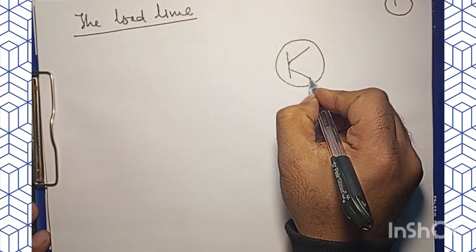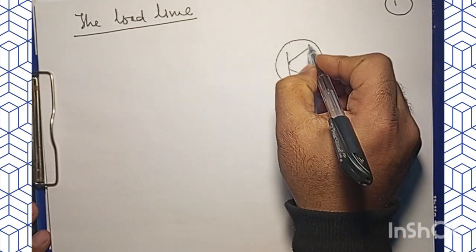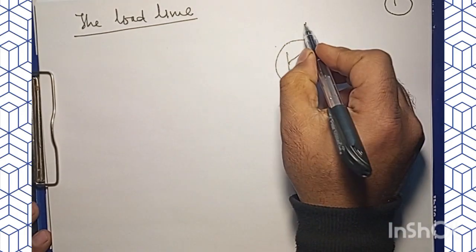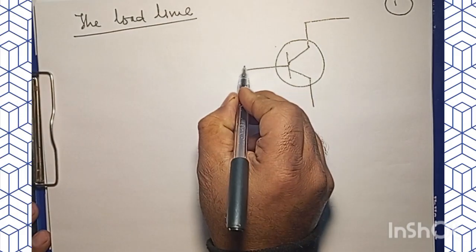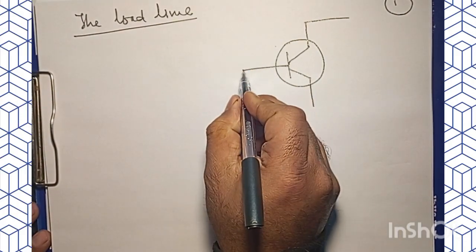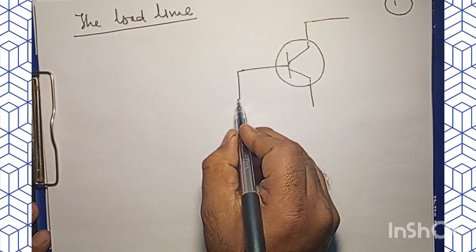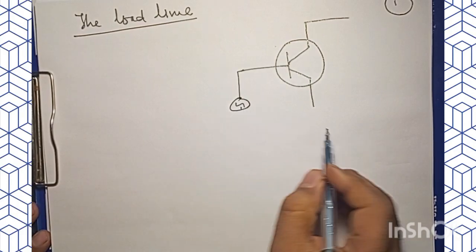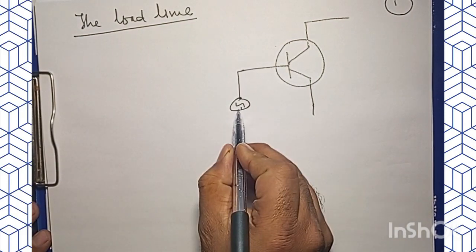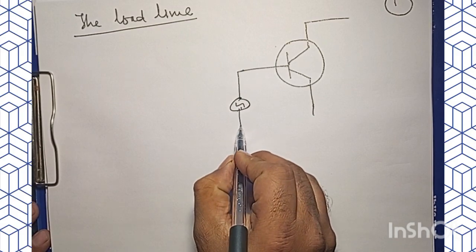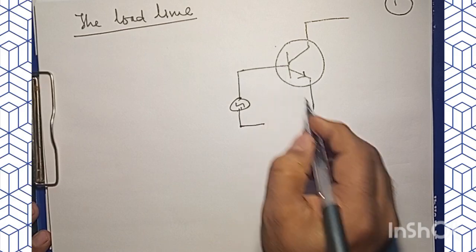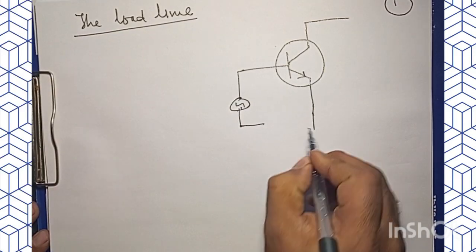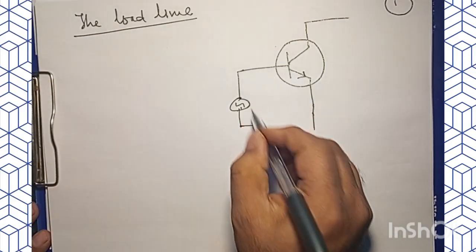So this is emitter, and this will be collector, and this is the base, right? And let's have some signal, and let's bias. So this is arrow out, so this is NPN.